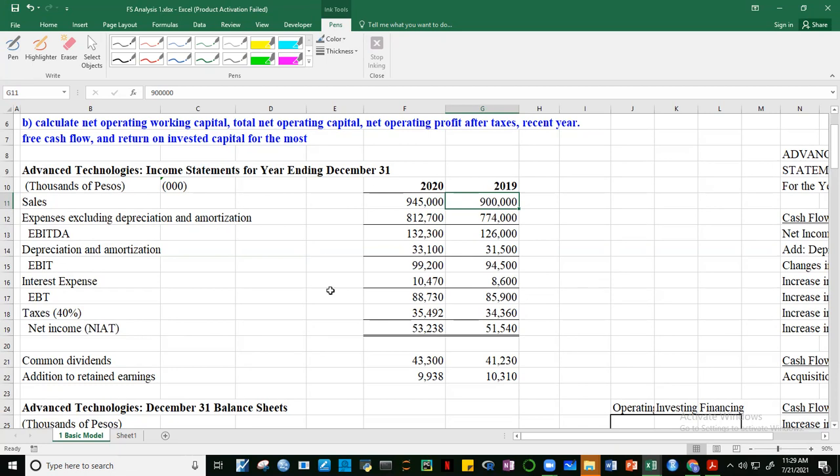Okay, so thank you. All right, expenses excluding depreciation and amortization. Take note, guys, na single out dito si depreciation and amortization. Ba't kaya? Bakit dito sinama yung expenses excluding depreciation, hindi sinama yung depreciation and amortization?